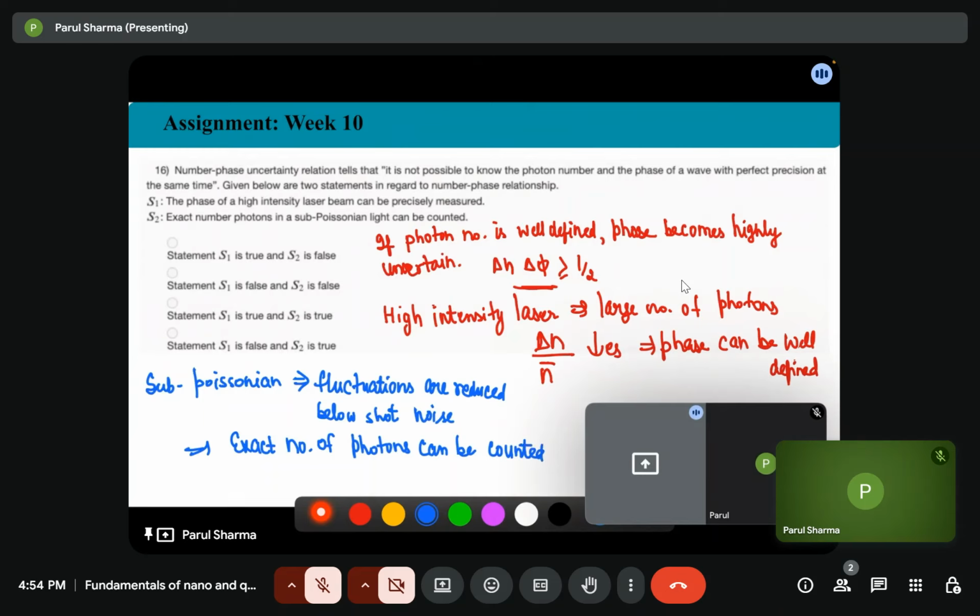If there are a large number of photons, that is g2 is greater than 1, then we are not able to count them, in the case of Poissonian or super-Poissonian. When we have chaotic light, we will not be able to count the exact number of photons. But in the case of sub-Poissonian, the fluctuations are reduced, so we can count the exact number of photons.